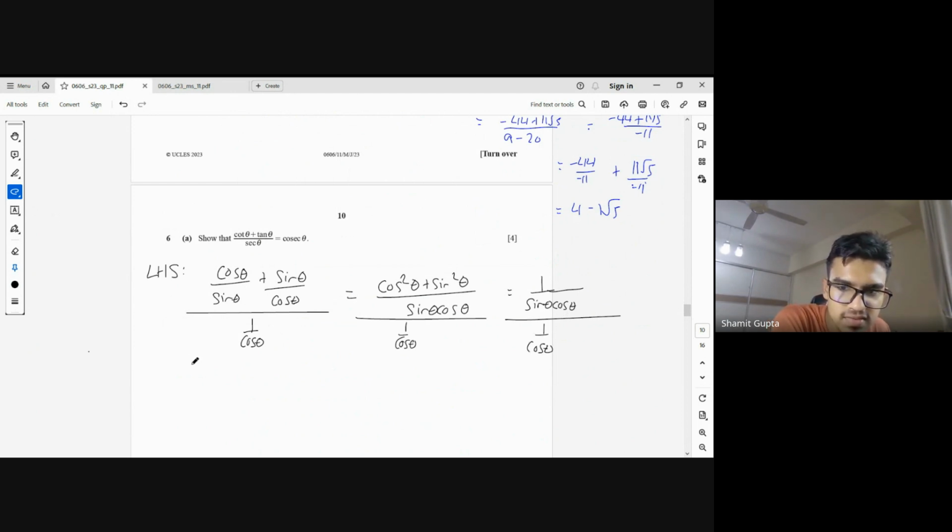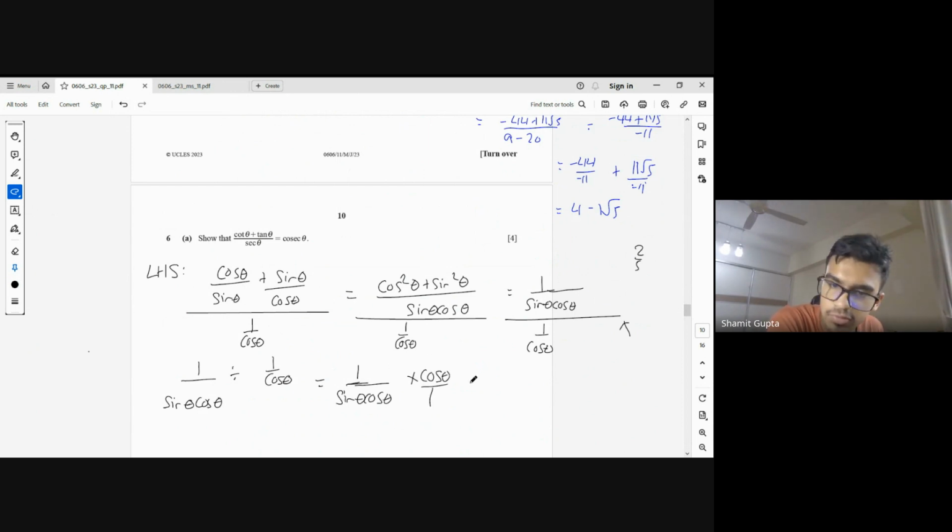Now you can write this as 1 over sin theta cos theta divided by 1 over cos theta, because this is a bigger fraction. This is actually divided. 2 over 5 is what? 2 divided by 5. So this is equal to 1 over sin theta cos theta times cos theta over 1.